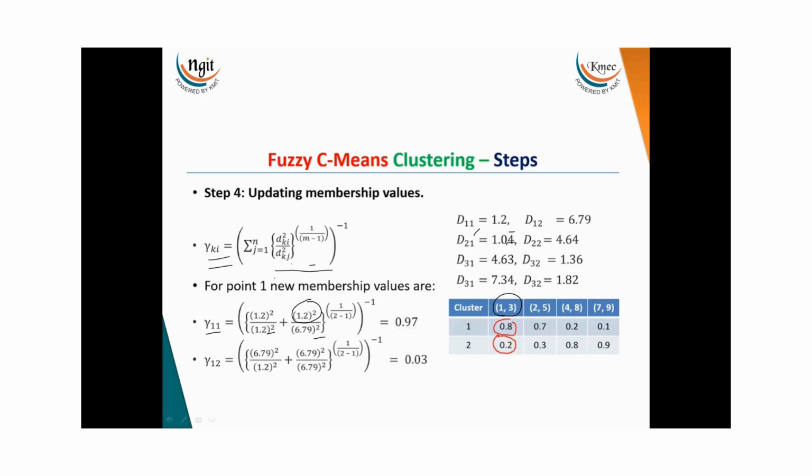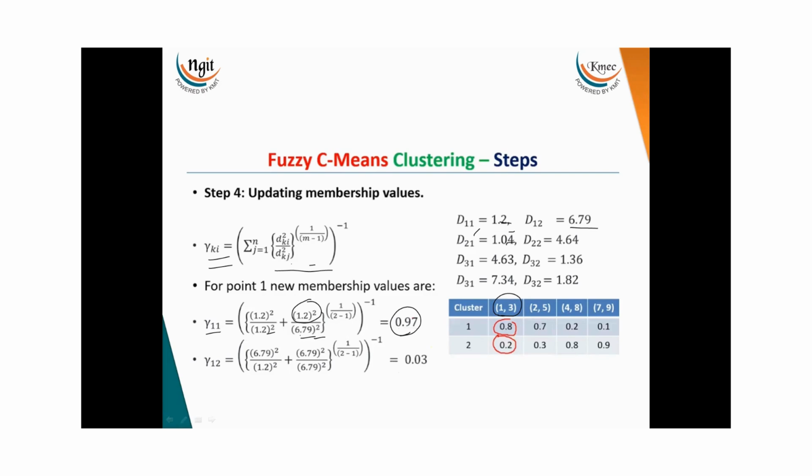So d_kj is 1 comma 2, and d12 is 6.79. So we divide with 6.79 square, and the power of this is 1 divided by m minus 1, where m is 2, and whole to the power minus 1. When you solve this, it becomes 0.97.